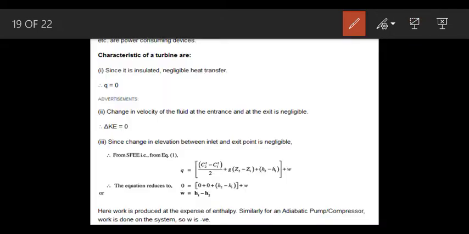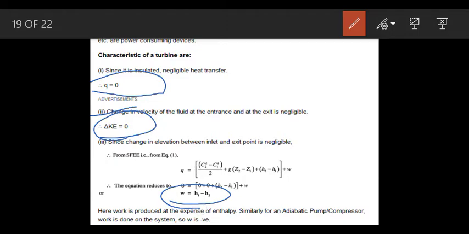So the equation here is represented like this. As I said, kinetic energy is taken as 0. In the steady flow energy equation, Q is considered as 0. Since the change in elevation between inlet and exit is negligible, the work done W is obtained as H1 minus H2.